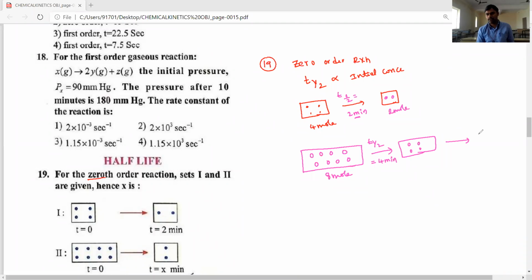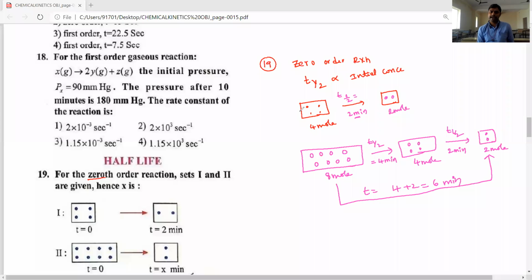Again, these 4 moles are converted into 2 moles, which requires T half equal to 2 minutes. Then the total time required for the conversion of 8 moles into 2 moles is 4 plus 2, equal to 6 minutes. So the answer is 6 minutes.